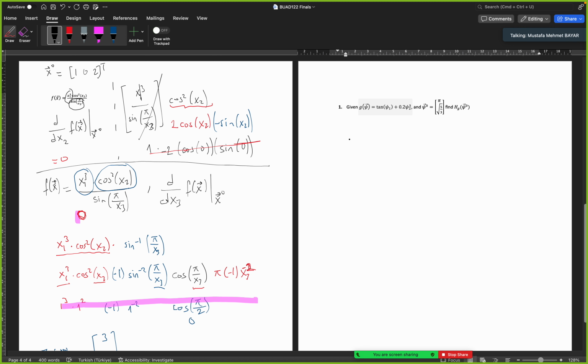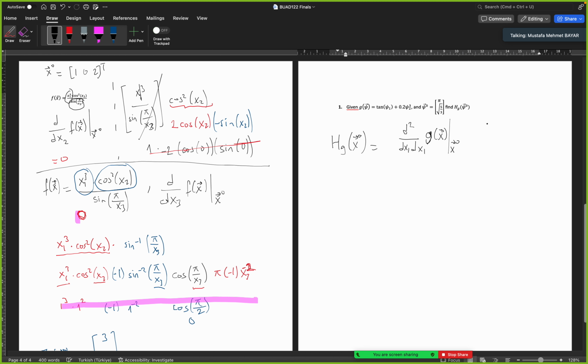Let me start. So the Hessian of g evaluated at x0 is something like this. d squared dx1 dx1 g of x evaluated at x0.